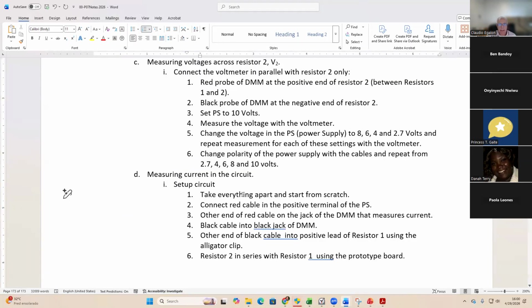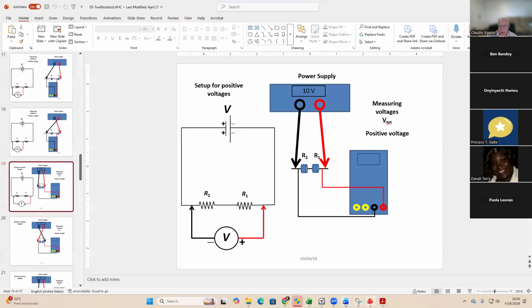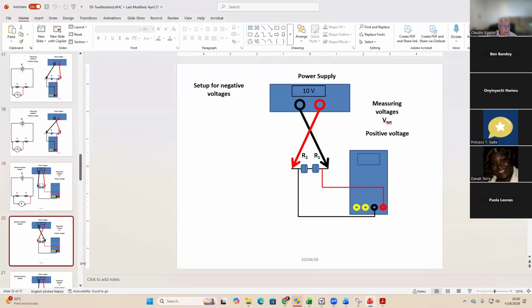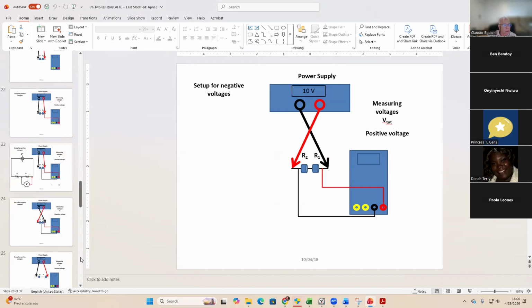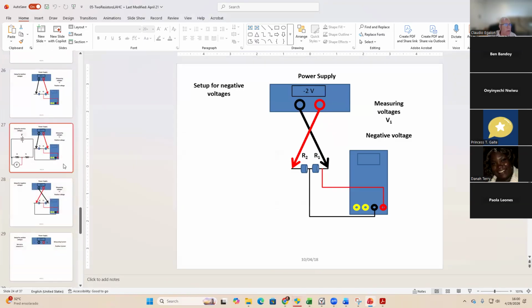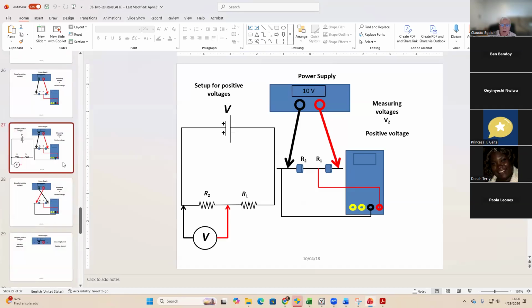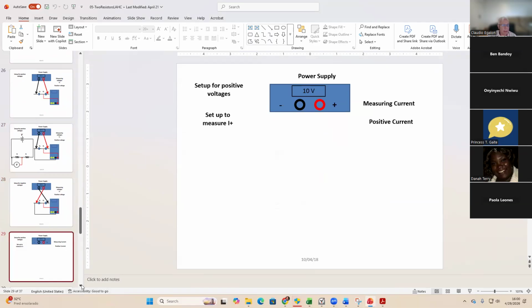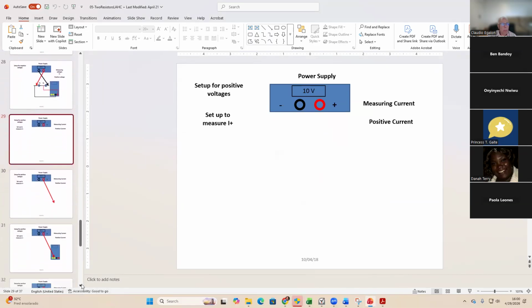Let's see here, power supply, R1. Okay, that's V2. And now we start from scratch.